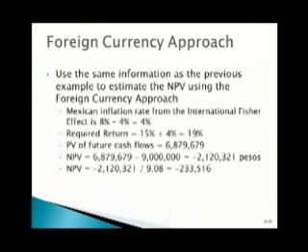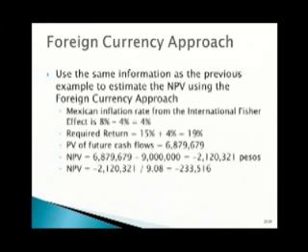So the required return, if it's 15% in the U.S., it will be 19% in Mexico. The present value of the future cash flows, and this time we'll use Mexican cash flows of 2,250,000 pesos, whatever it was. The present value of those future cash flows is 6,879,679 pesos.